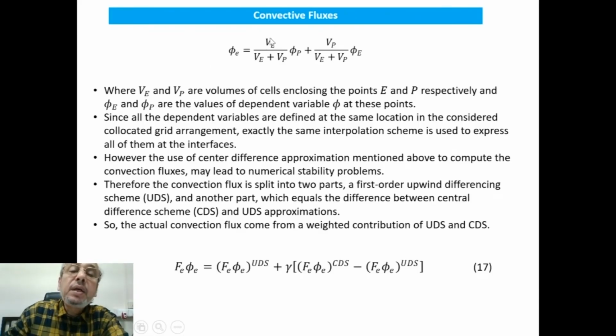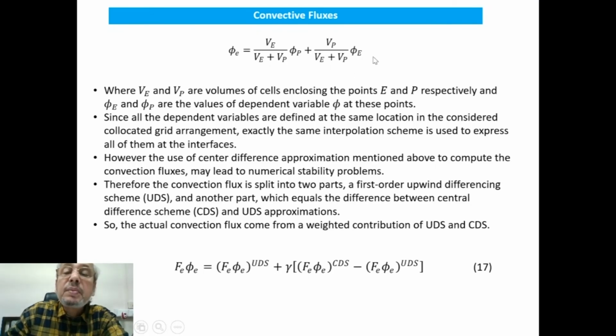So phi e equals VE divided by VE plus VP multiplied by phi P, plus VP divided by VE plus VP multiplied by phi E, where VE and VP are volumes of cells enclosing the points E and P respectively, and phi E and phi P are the values of the independent variable phi at these points.